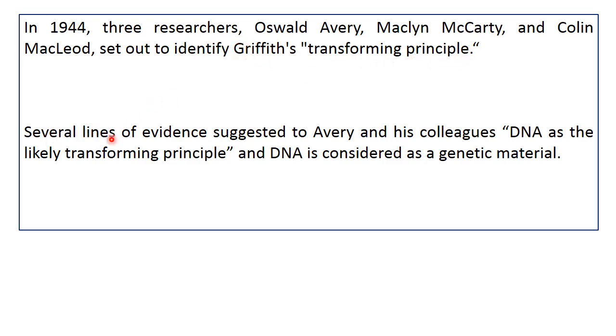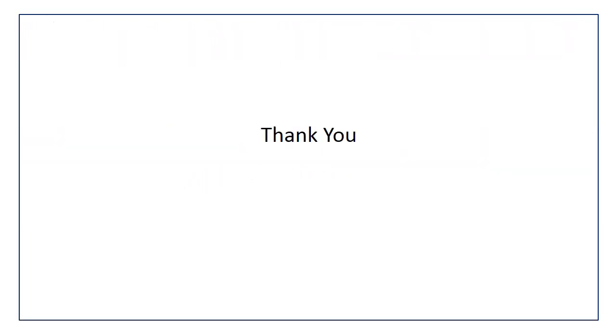After several experiments and evidence, these three scientists identified that this transforming principle is actually DNA, which is responsible for conversion of the R strain into a virulent S strain, and that's why DNA is considered as genetic material. Thank you.